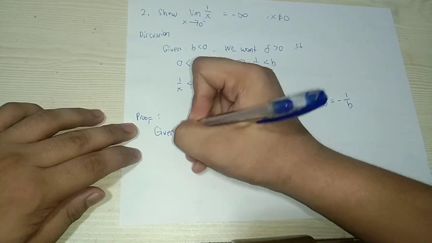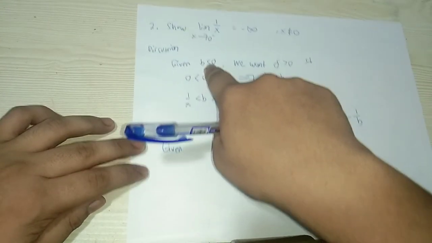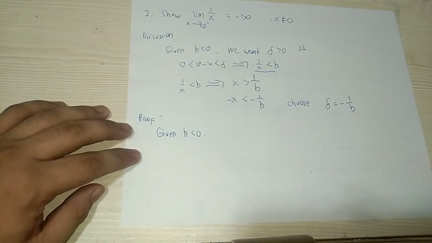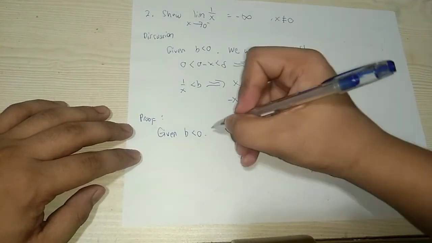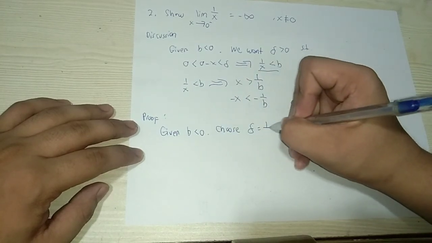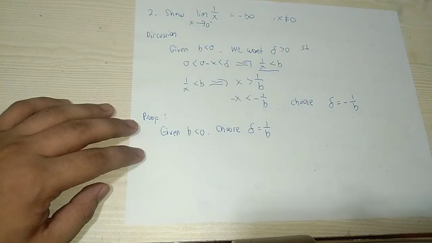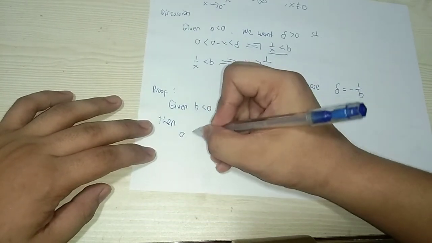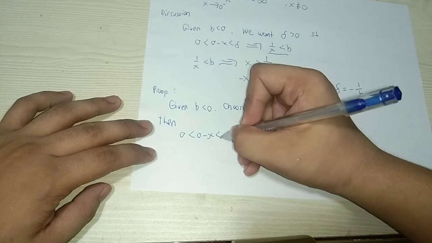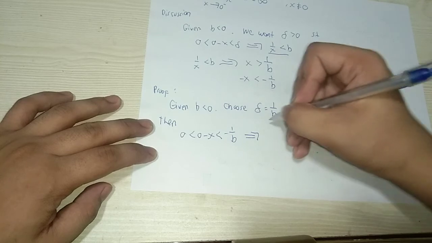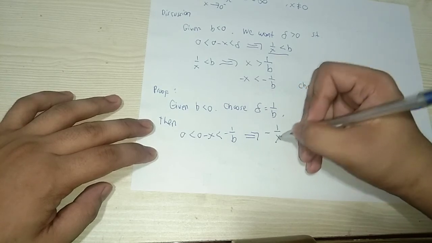So, given... isa pa pala ito, kitang-kita na pala. Yung b natin less than 0. Okay? Then, let's choose delta negative 1 over b. Then, from definition, this is 0 less than 0 minus x less than negative 1 over b implies negative 1 over x.